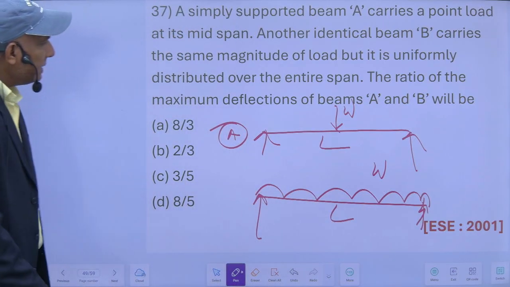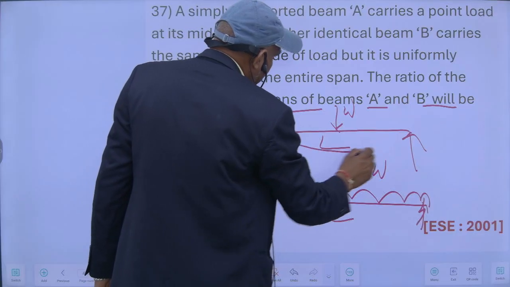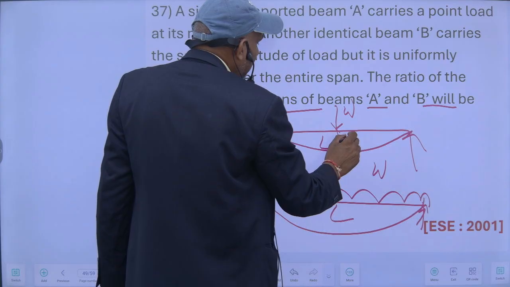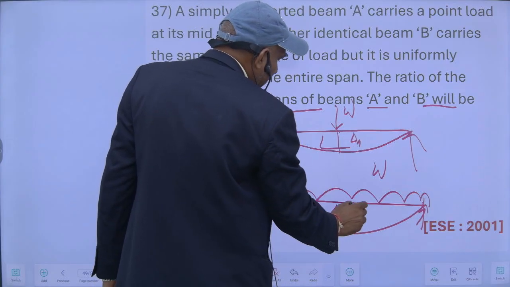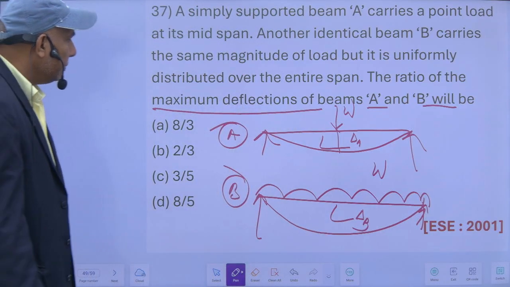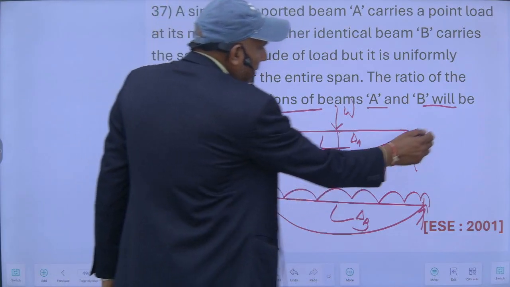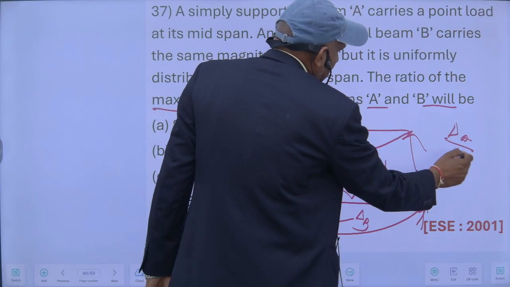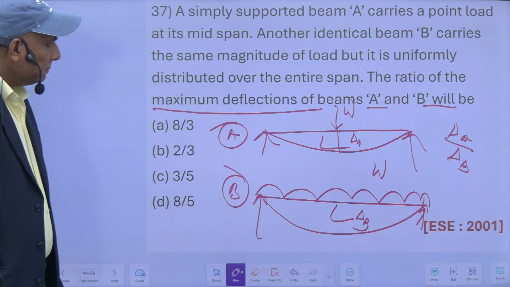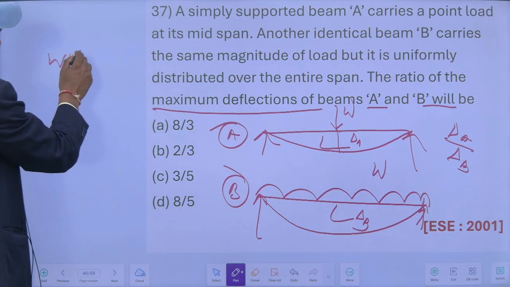The ratio of the maximum deflection of beam A, this will deflect like this, maximum deflection will be there. So this will be delta A and this is delta B, beam B. The ratio of the maximum deflection of beam A and B means delta A upon delta B. So maximum deflection in this case will be WL cube upon 48 EI.